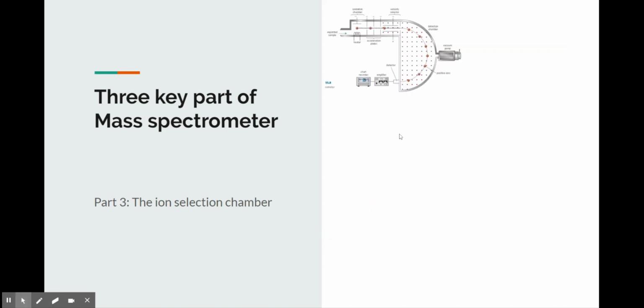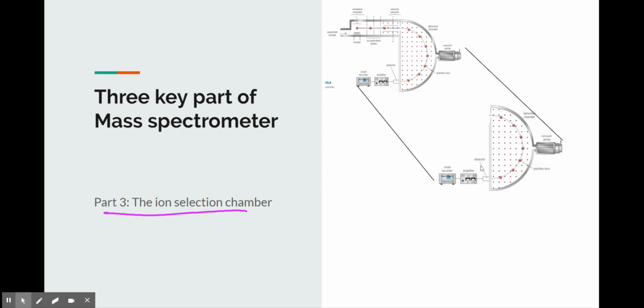Finally, the next section we're going to deal with is the ion selection chamber. So this is the chamber that we see highlighted right here. It looks really large, but really the focus that we have is on this section right here, where, if you can see, there is no longer an electric field, simply a magnetic field in this region.